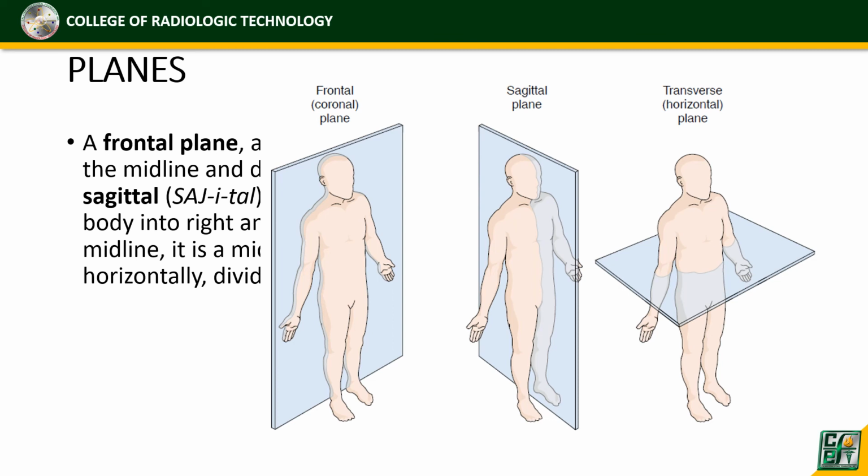However, if the plane divides the body into the posterior and anterior parts equally, it is called the mid-coronal plane.